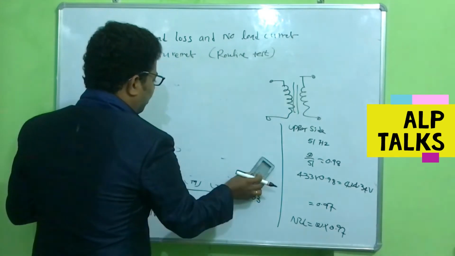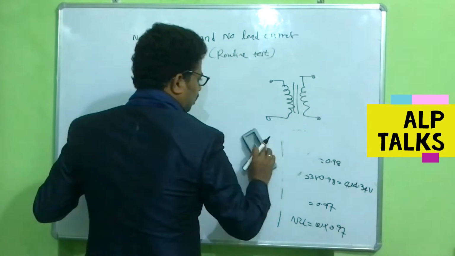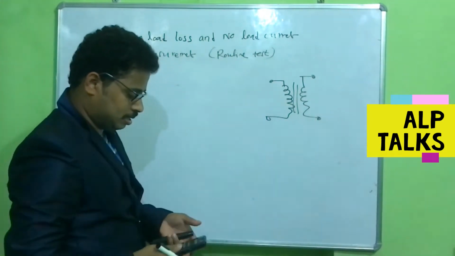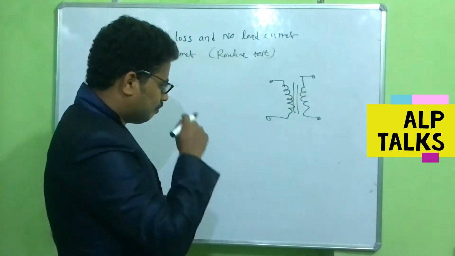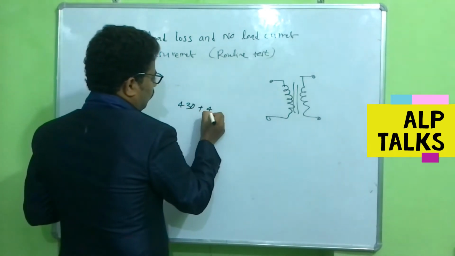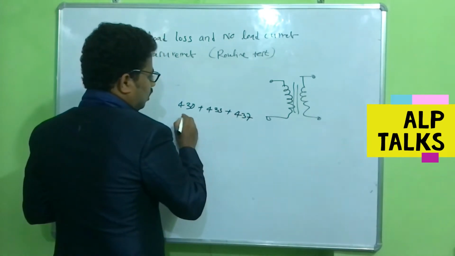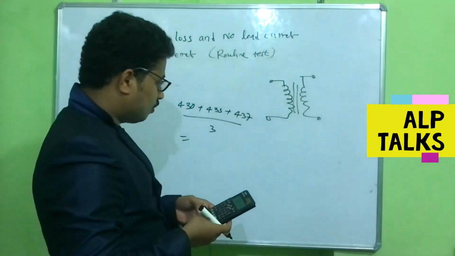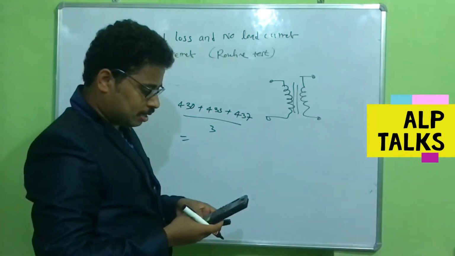So what about the voltage? The voltage should be within 1%. For example, say we have 430 volts, 433 volts and 437 volts. Let's calculate the average: 430 plus 433 plus 437 by 3.